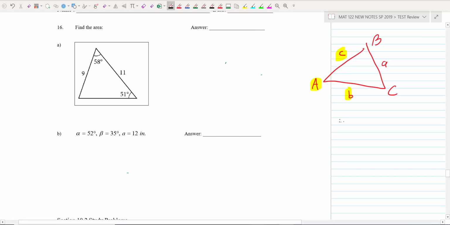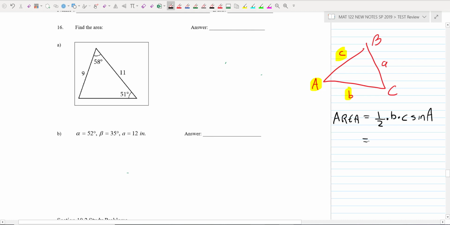So one way to look at it is the area of the triangle. It's always 1/2 the product of the two sides times the sine of the angle in between. So if you're given a side angle side case, you just do 1/2 product of the two sides times the sine of the angle in between.